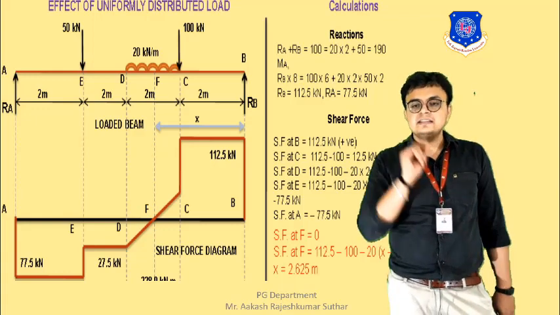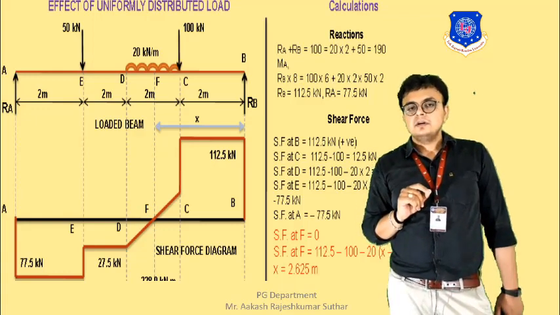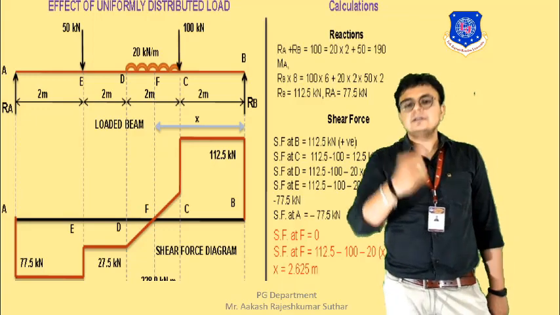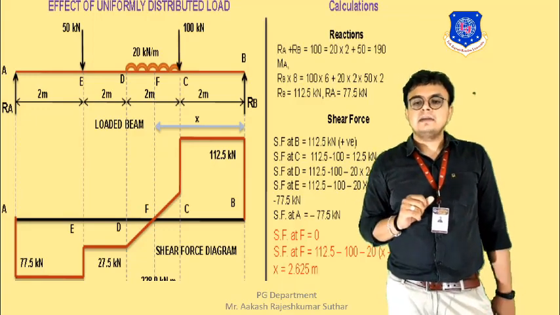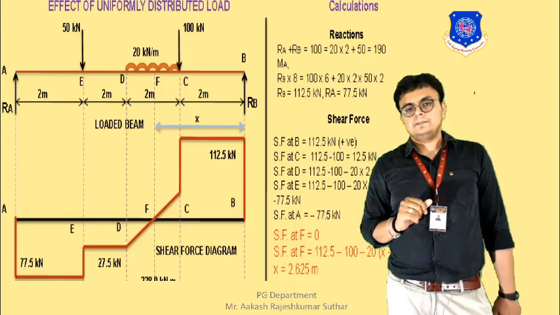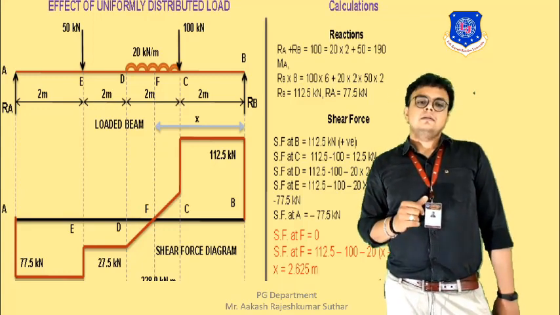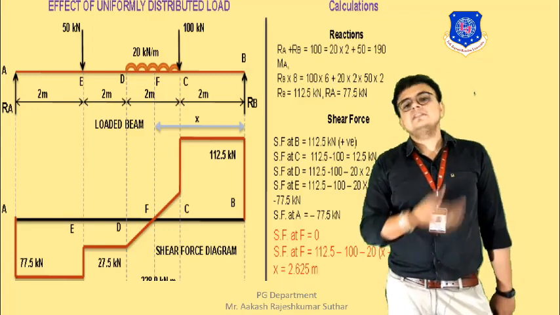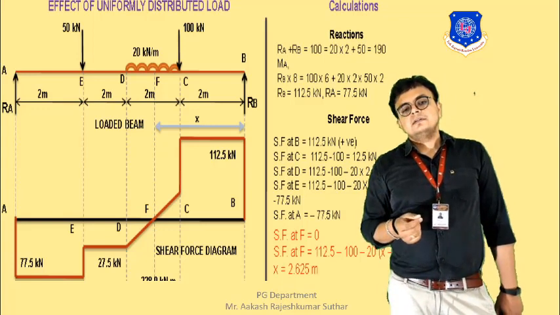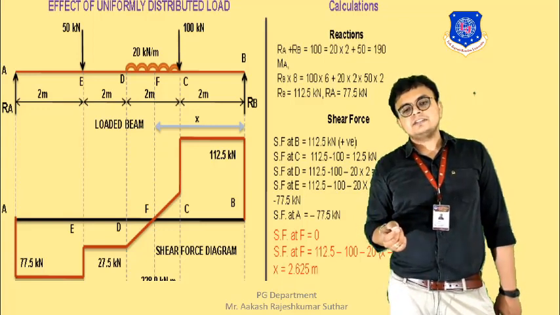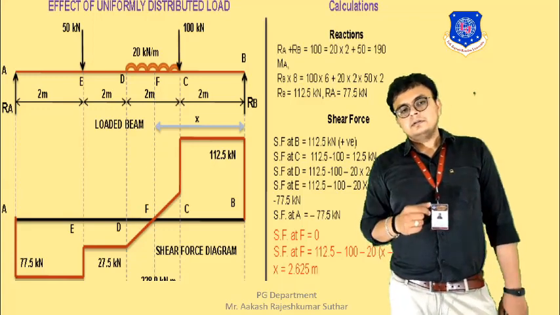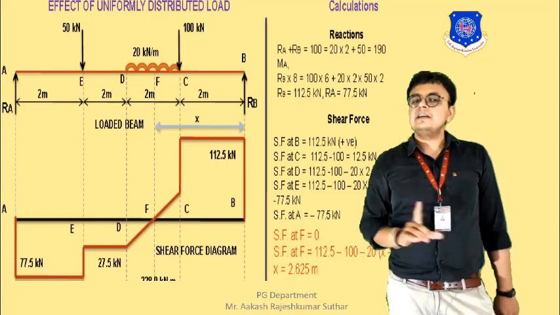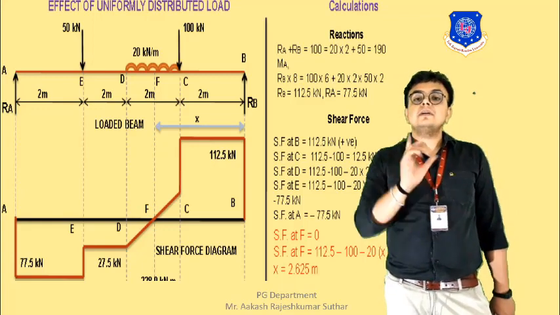So minus 27.5 minus 50 gives us a shear force of minus 77.5. Moving further towards A, we have minus 77.5 kilonewton at point A, and exactly at point A we have the reaction of plus 77.5.